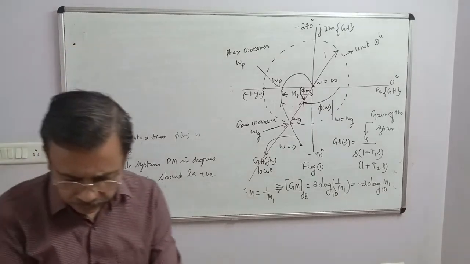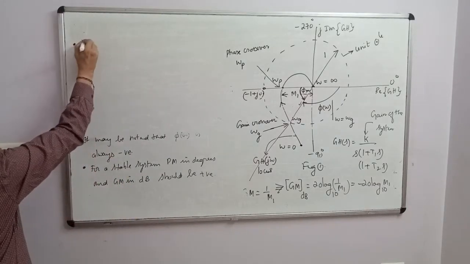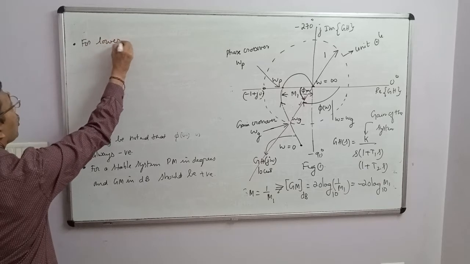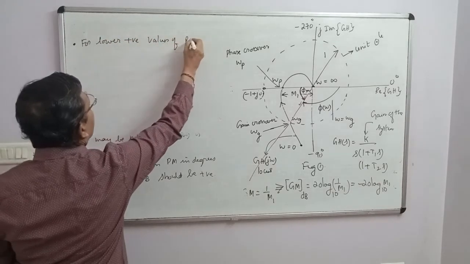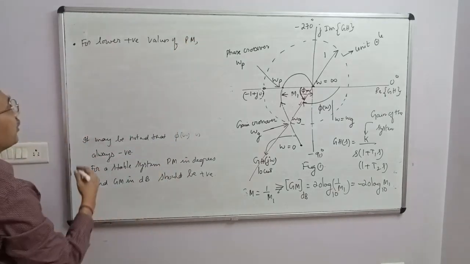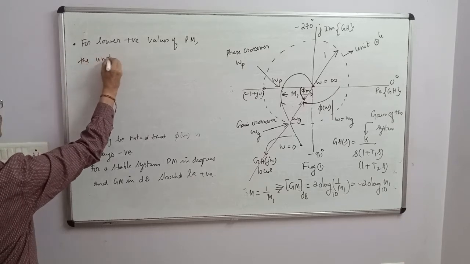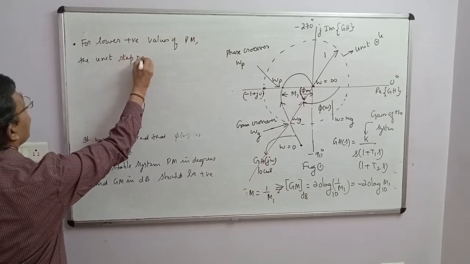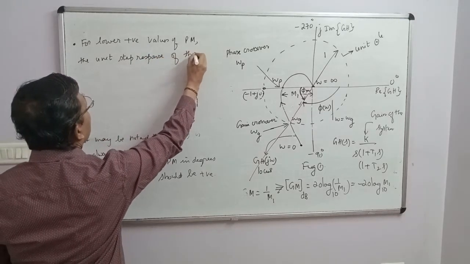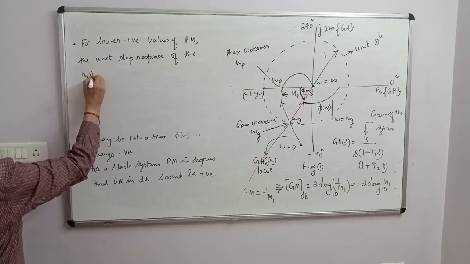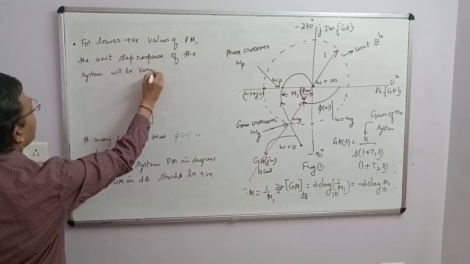Next point, very important point: for lower positive values of PM, meaning phase margin, the unit step response of the system will be very oscillatory.